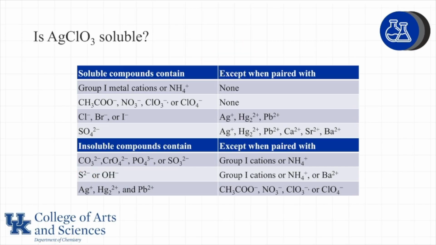Is AgClO3 soluble? We see ClO3- as generally soluble, and there are no exceptions. Therefore, this is going to be a soluble compound in water. Is calcium sulfate soluble? Sulfates are generally soluble, but we see that calcium sulfate will be an exception.